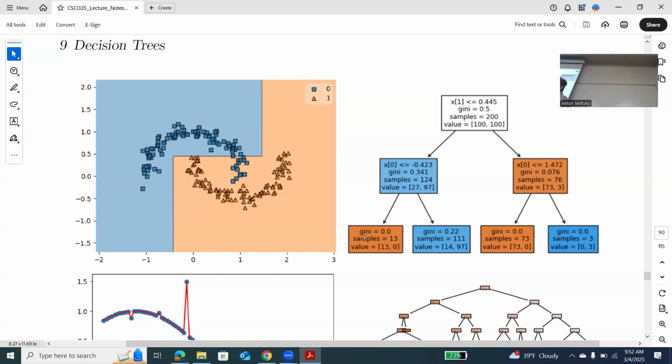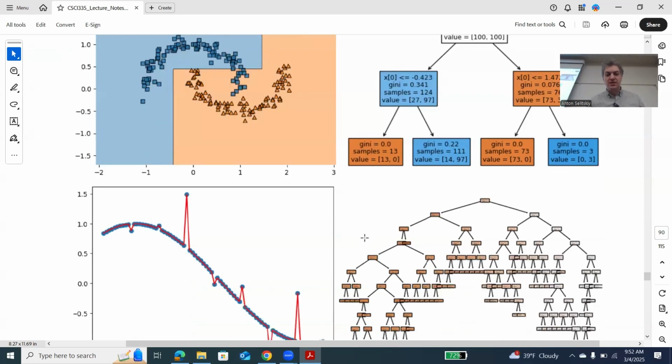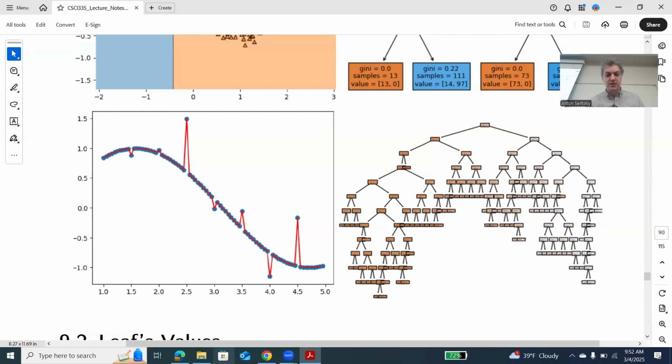I guess whichever one there's more of. Yes, just by the majority. So we have here more points of class one, so that's why it will be class one. Here we have more points of class zero. That's why every point in this area will be classified as class zero, maybe an incorrect prediction for some points. Okay, let's look at the regression.